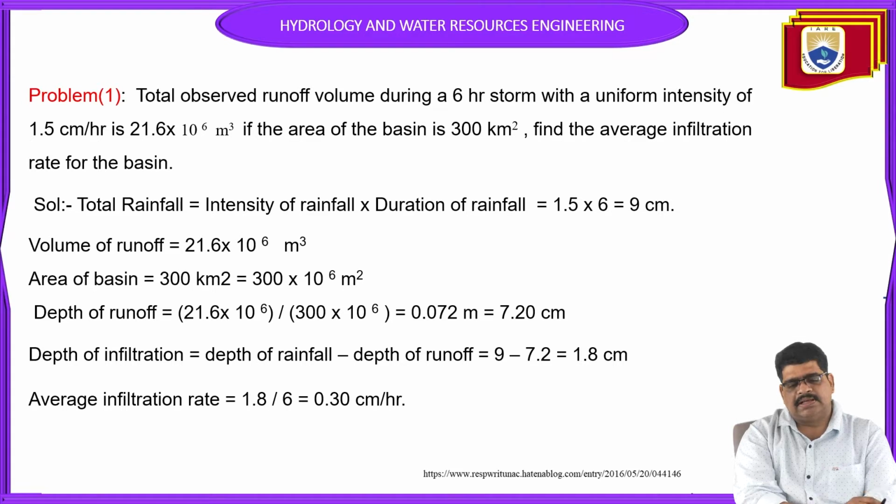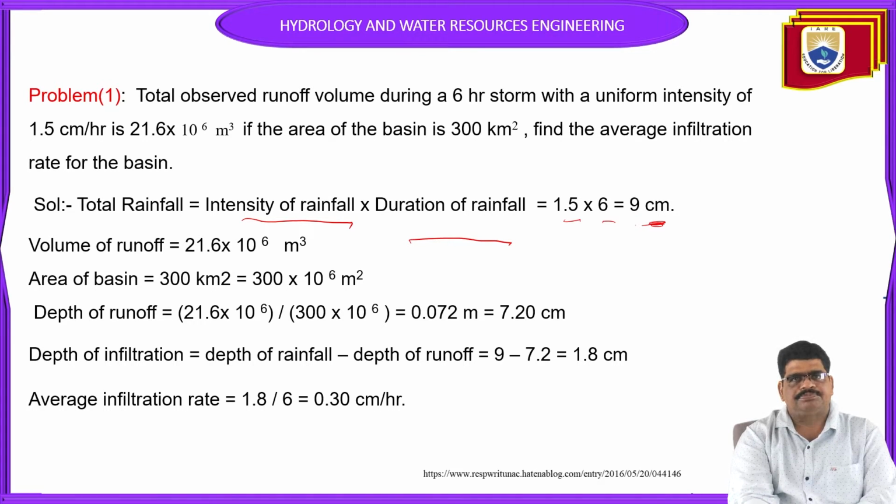How to solve this? The total rainfall is equal to the intensity of the rainfall times the duration of the rainfall, that is 1.5 times 6, equal to 9 centimeters total rainfall. Next, the volume of the runoff is already given as 21.6 times 10 to the power 6 cubic meters in my given data.